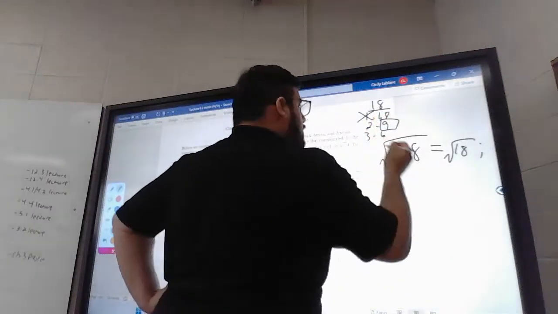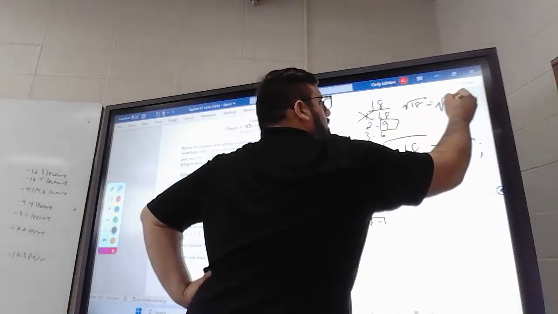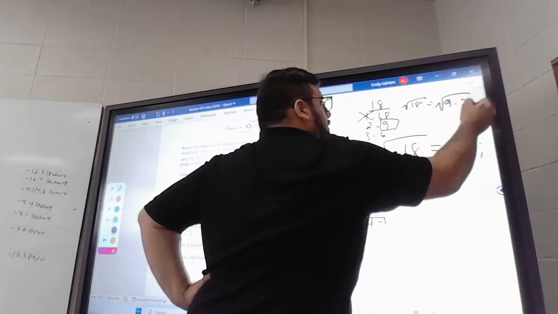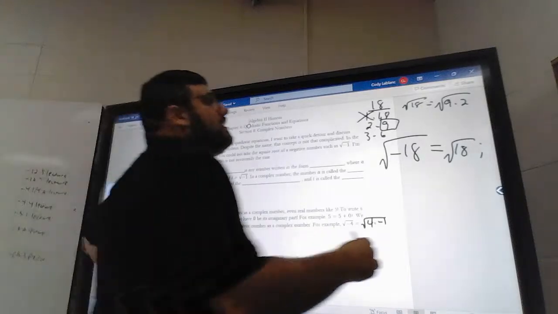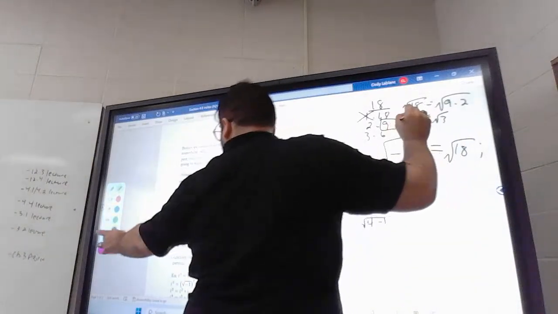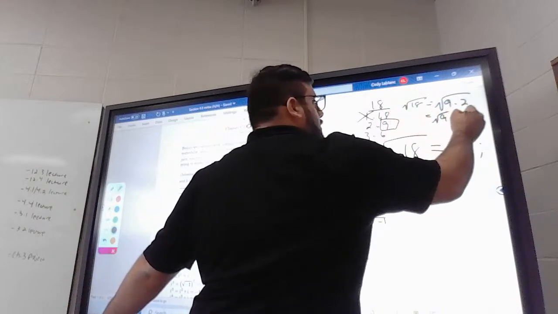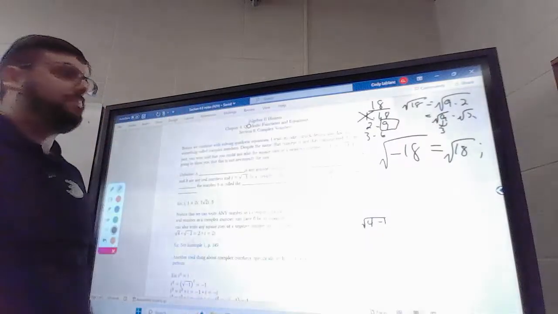So I know that the square root of 18 can be written as the square root of 9 times 2. Using the same logic as before, I can separate these into the square root of 9 times the square root of 2. And we all know what the square root of 9 is. It's 3.